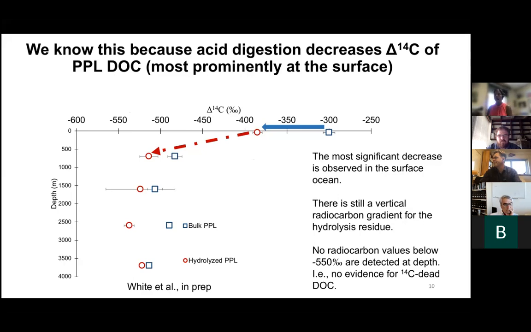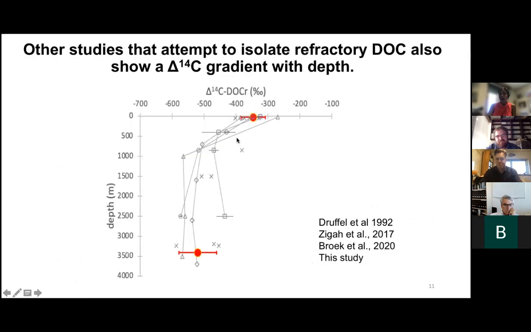And you might say, well, is this sort of a common observation to have this gradient? Are there other studies that have shown the prevalence of a component that's more dead than this? And in fact, if you, sorry, I have to use my animation. So yes, there's no dead component, and you clearly have a mixture that's removing the younger component with the hydrolysis.